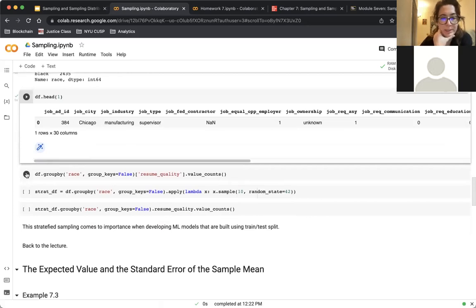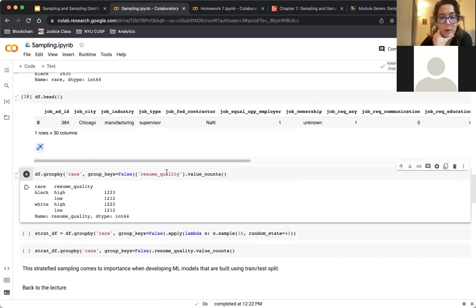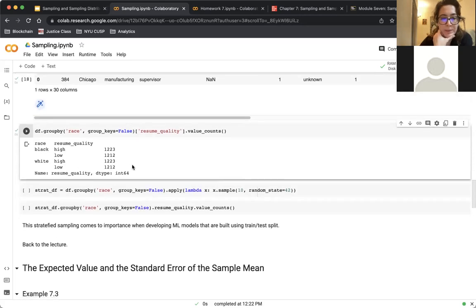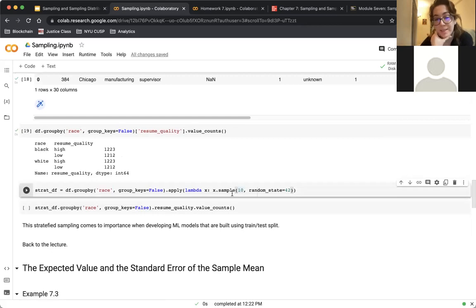For example, if we wanted to see the different resume qualities, this would be the breakdown between a category like race. And then if we wanted to group by and take a sample, this time just 10, just so we can see, we would use this stratification to say each group by race, and we wanted to apply and take a sample of that.